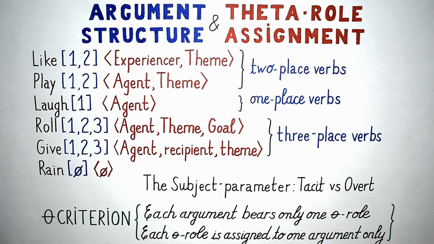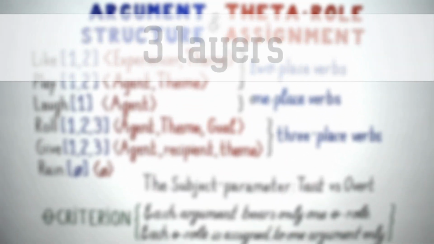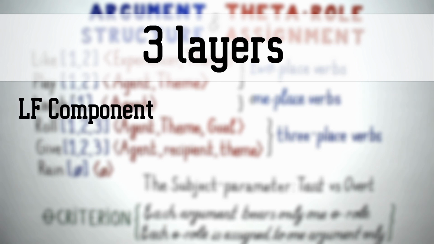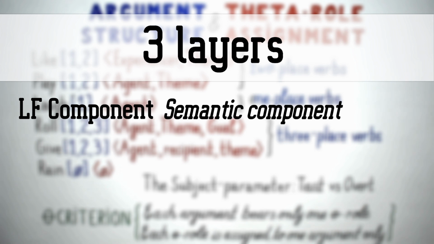So what we said last class is that there are three levels of analysis, or three layers of analysis, when we talk about language. There's the LF component, or logical form. There is the semantic component.